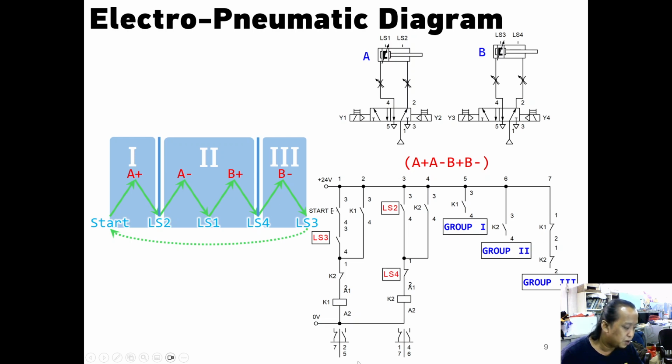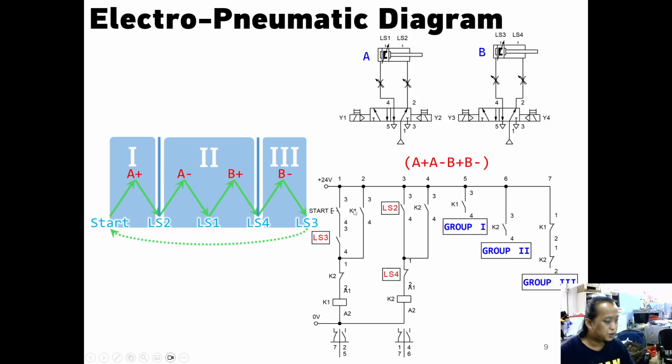The break contact for K2 we use for rung 1 and rung 7, and the make contact for rungs 4 and 6.